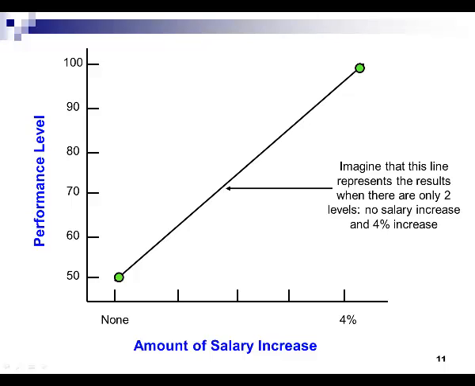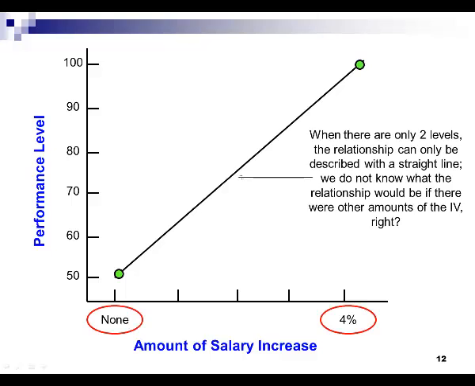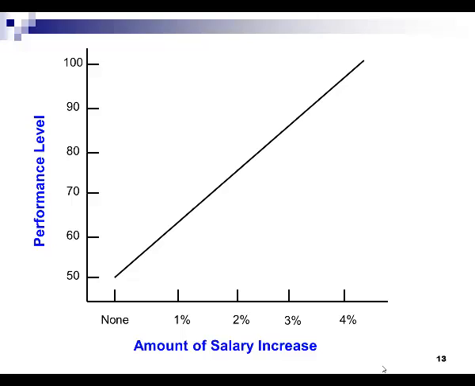So when there are only two levels, no salary increase and 4% increase, there's only one way to describe that relationship, and that's with a straight line. So we don't know what the relationship would be if there were other amounts of the independent variable, or increased numbers of levels of the independent variable.